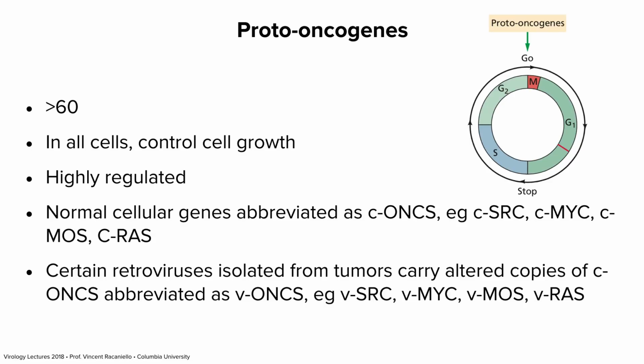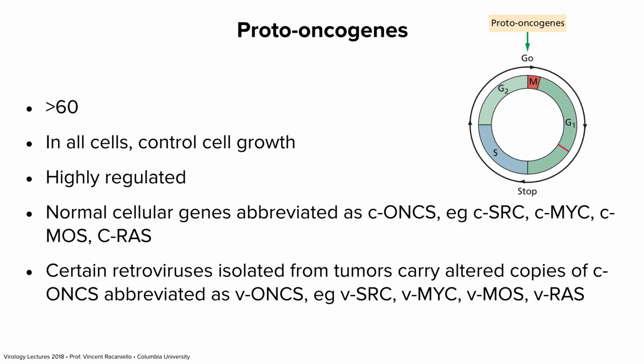And all of these genes, in the cell genome, are called proto-oncogenes because they're not normally involved in transforming cells. They're all involved in the control of cell growth. They're involved in the regulation of the cell cycle. We'll look into that in a moment. They're all highly regulated because you don't want them on all the time. You don't want cells dividing all the time.